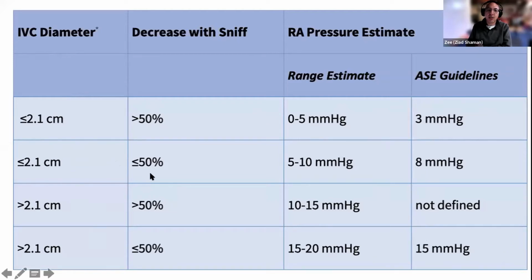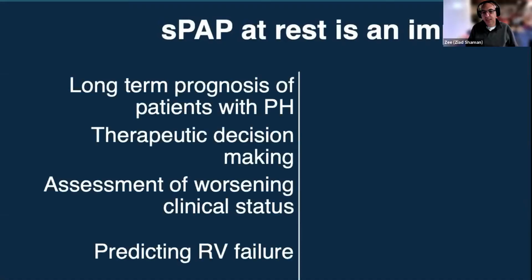And if you have a small IVC without much collapsibility, then you call it an 8. And if you have a large IVC and you have not much collapsibility, you call it 15. This number, for an odd reason, is not defined by the ASE. They don't call it 12, they don't call it 10, they don't call it anything. But the range estimate is 10 to 15 if you have a large IVC, but you do have collapsibility with inspiration, with a sniff.